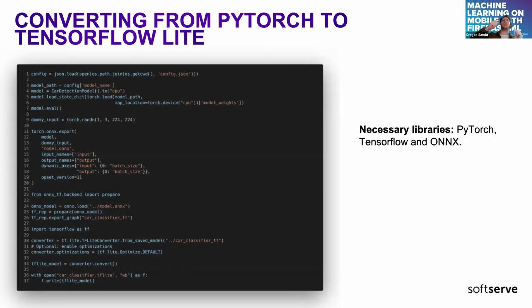Then after mapping it to TensorFlow, it maps it to TensorFlow Lite. So it will basically compress the model, making it smaller and more available for the mobile environment, and also it will make it run faster on the device.